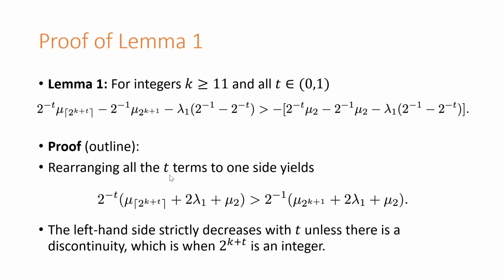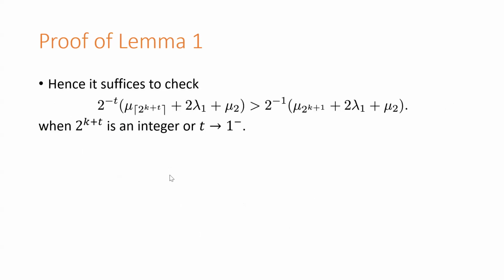But because it decreases with t, instead of checking all t in 0, 1, you actually just have to check at the discontinuities, because that's the only place where this inequality could possibly break. So now instead of showing this for all t in 0, 1, we just have to show it for when it's a discontinuity, which is when this thing is an integer, or when t approaches 1 from the left.